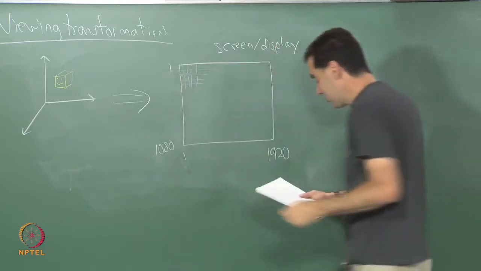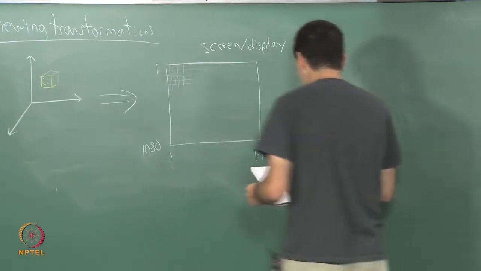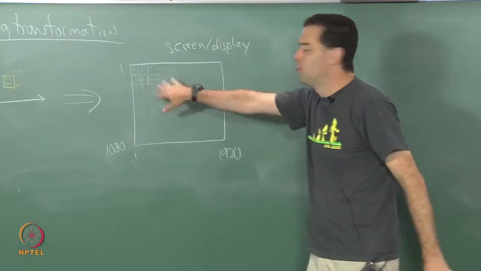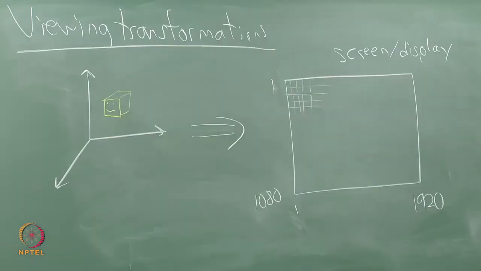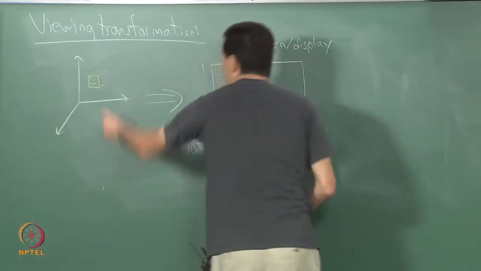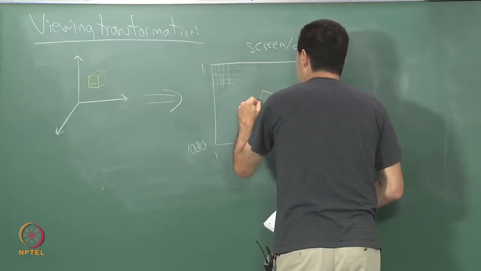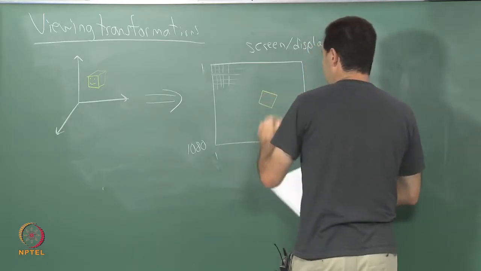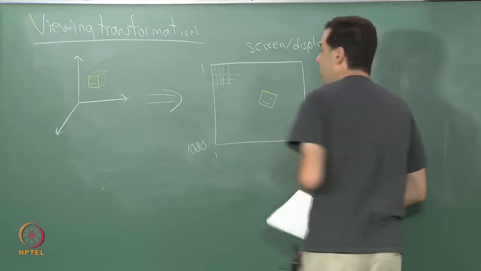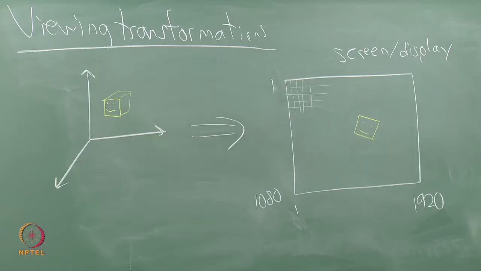It doesn't matter, but the screen has some kind of resolution, and so we're ultimately going to have to figure out what RGB values to assign. But at today's stage I just want to figure out where an object like this shows up, if at all. So somewhere on the screen I should have my face appearing, right? Let's say that shows up in the world. So I want to figure out what these transformations are.